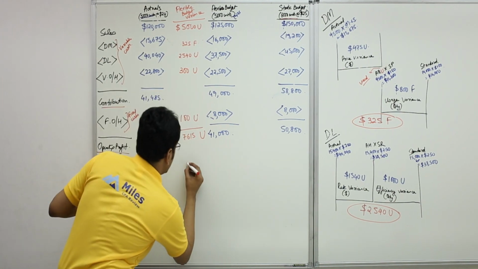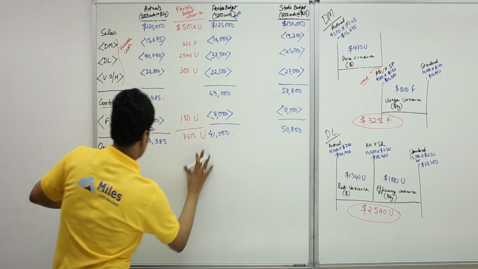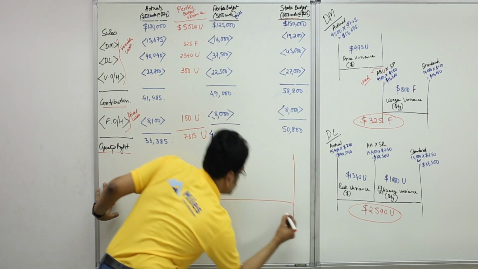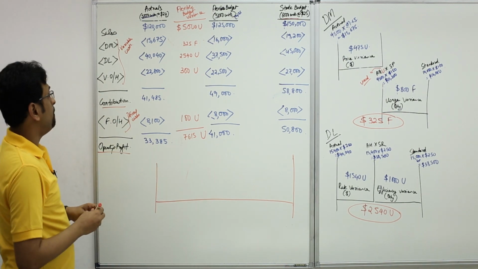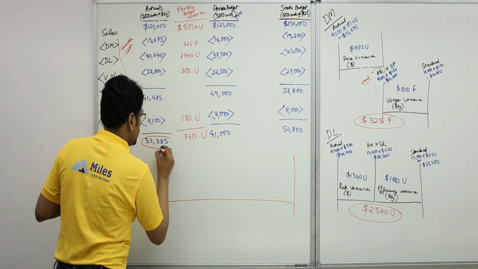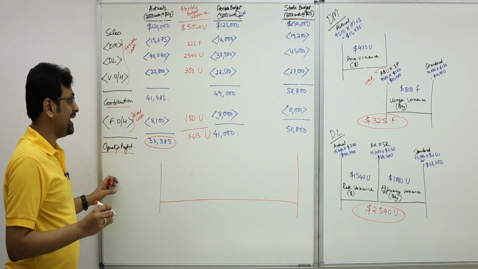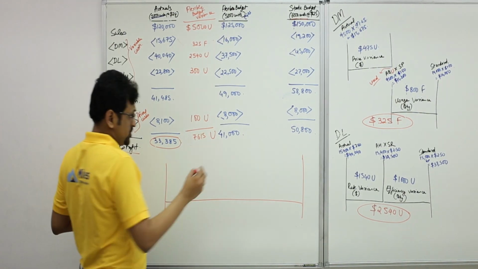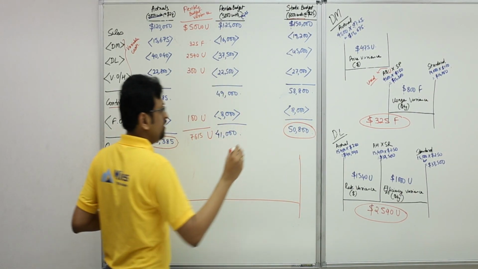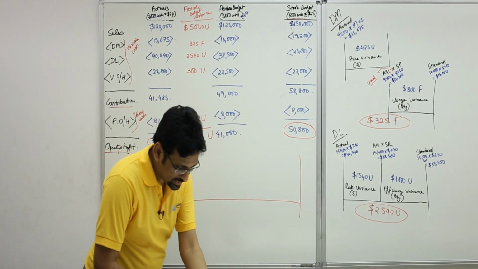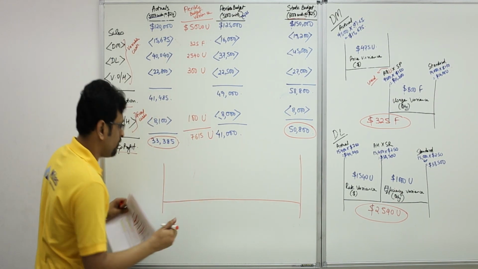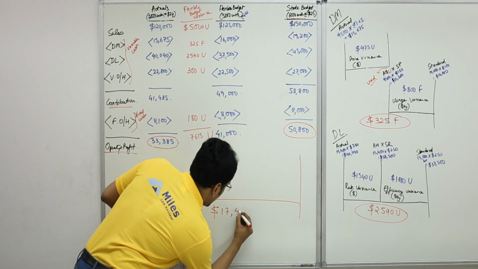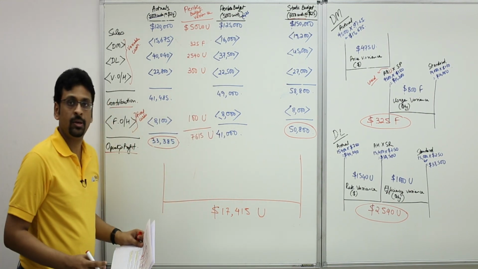If I compare the actual number here, $33,385, the actual operating profit, with the static budget, the master budget that we had, $50,800, I see that there is a variance of $17,415.